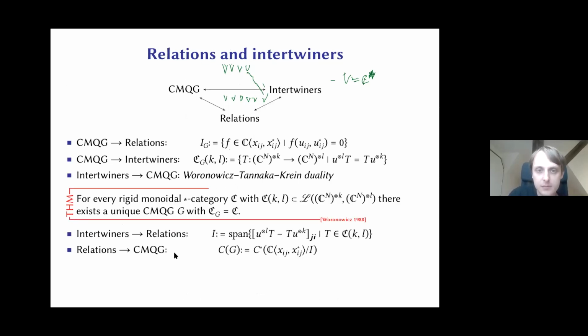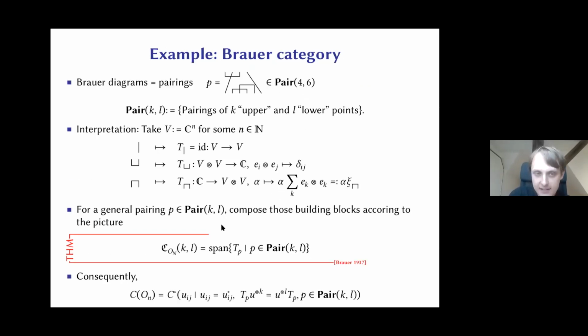And so now let me go back to this diagram. I can start with the orthogonal group, and I claim that those are the intertwiners for the orthogonal group. But I can go also the other direction, thanks to the Woronowicz Tannaka-Krein duality, or this is the classical version, just Tannaka-Krein maybe, which says that I can start with this category, interpret it like this, and now this defines some group or quantum group, and this quantum group is exactly defined by relations like this.